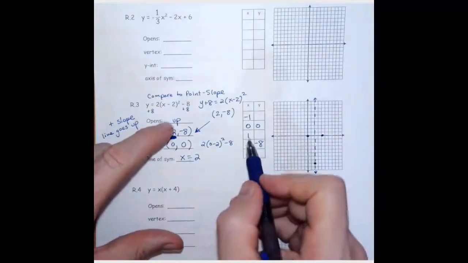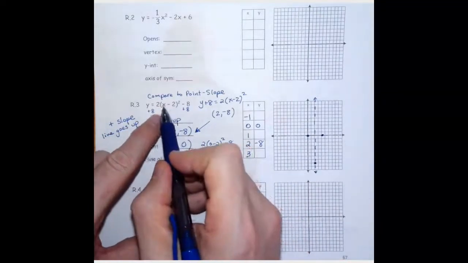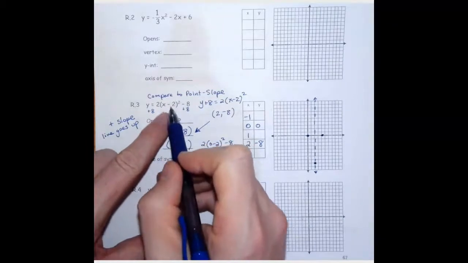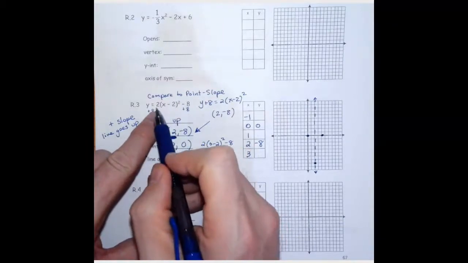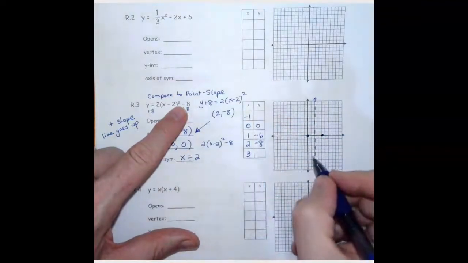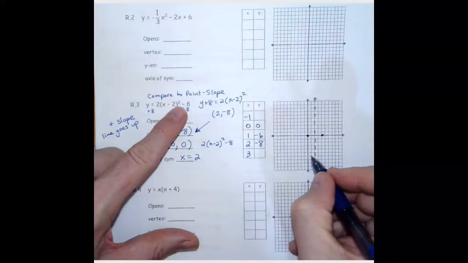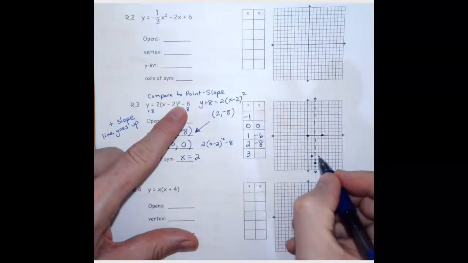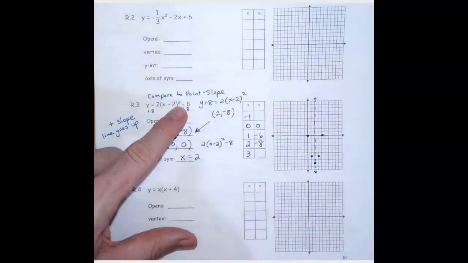Okay, so now if we plug in 1 here, 1 minus 2 is -1. -1 squared is +1. +1 times 2 is 2. 2 minus 8 is -6. So that is right here. Now we just said we can reflect that over the line there.